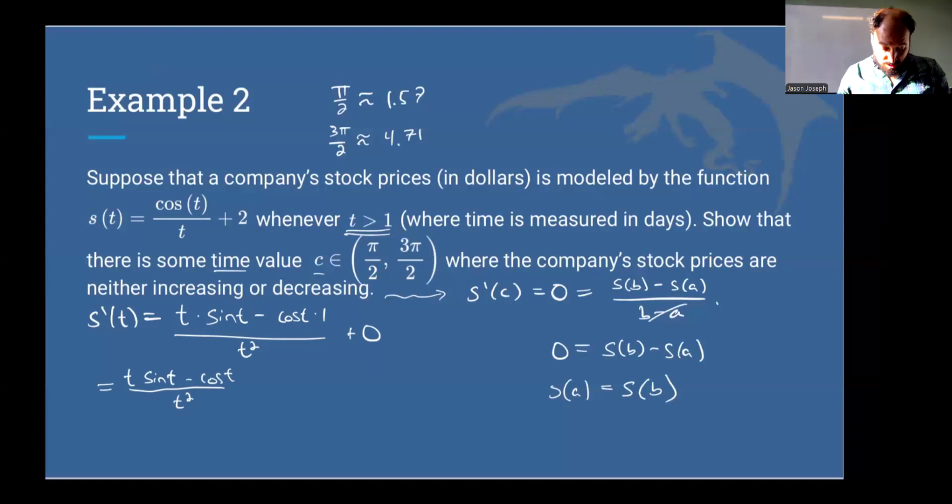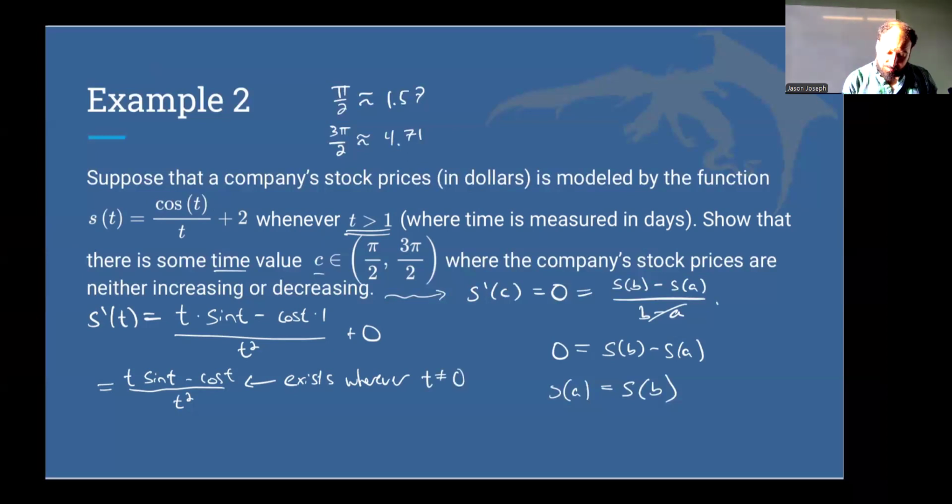So we know that t is a polynomial and sine t and cosine t are trig functions that are continuous everywhere. So everything in the numerator is continuous on all real numbers. And then we're dividing by t squared, so this exists wherever t is not equal to 0.